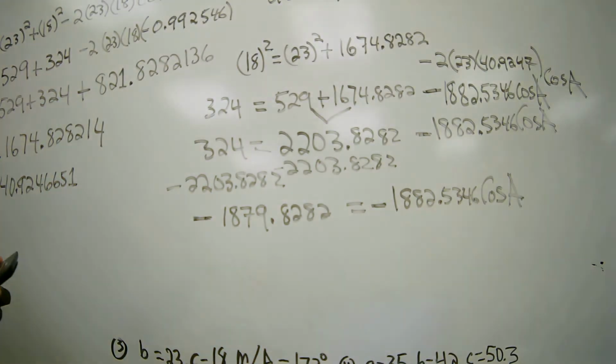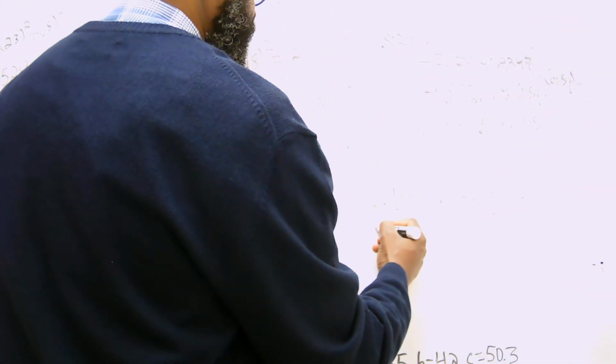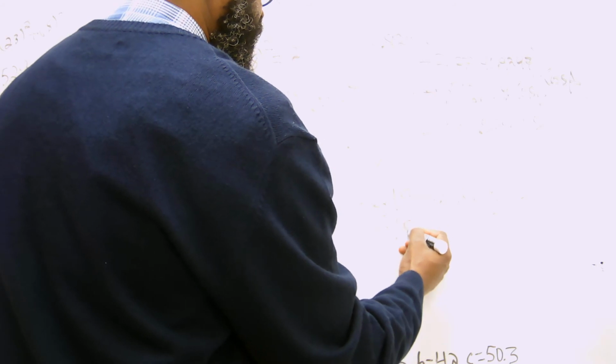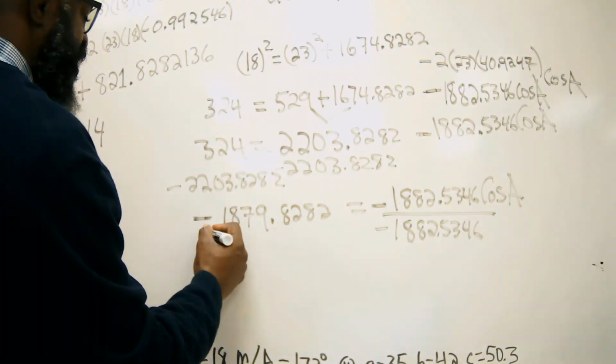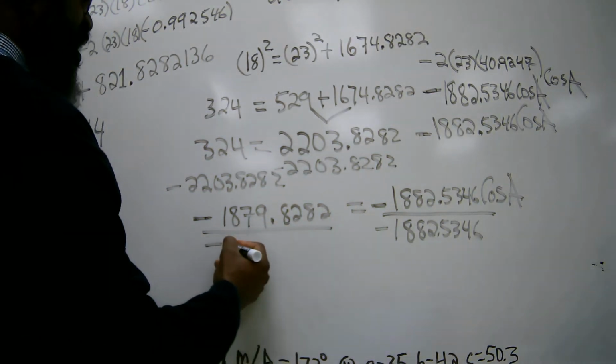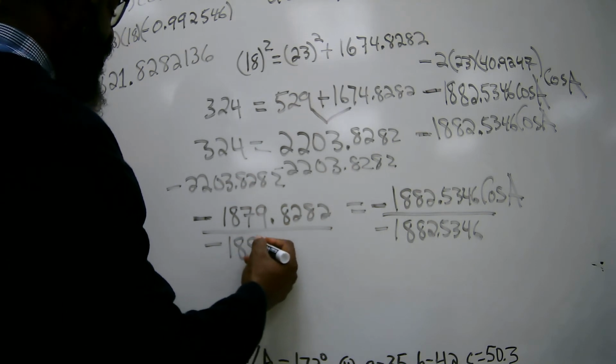Then you will have to divide both sides by negative 1,882.5346. We do that on both sides, and you're dividing two negative numbers. Therefore, it's going to be positive.